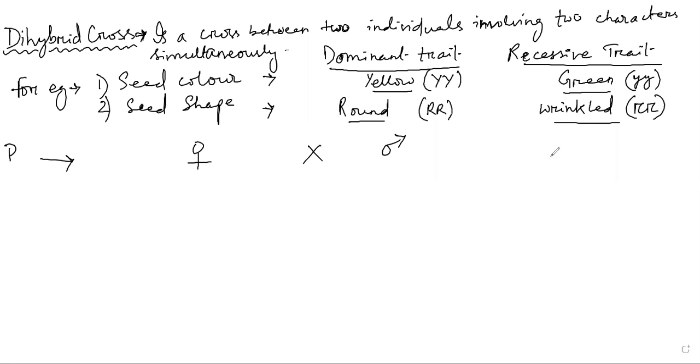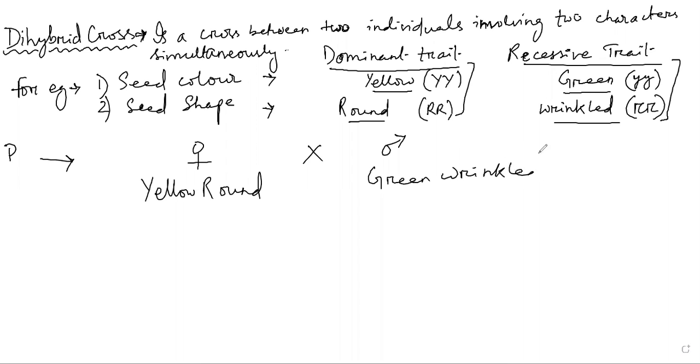Out of all these traits, these two are dominant and these two are recessive. So I can write yellow, round for one parent, and for the other, male parent, green, wrinkled. Is that clear to all of you up to this?